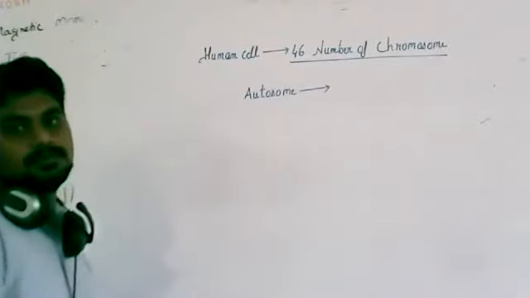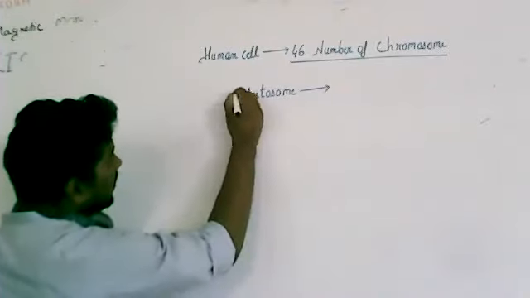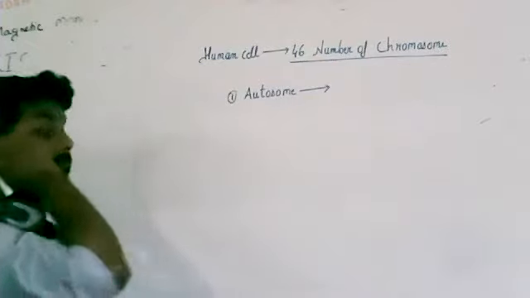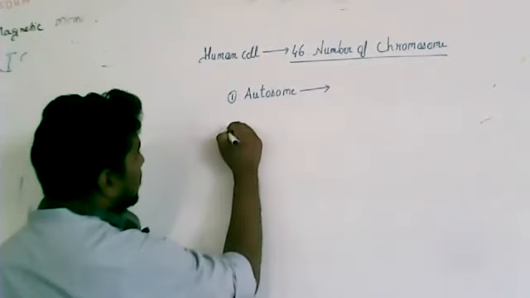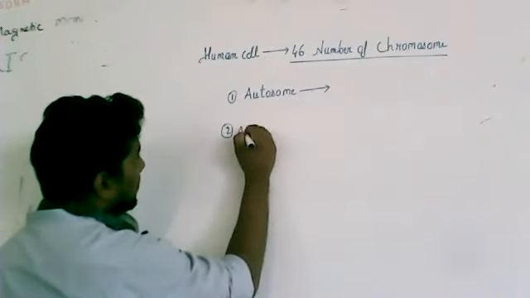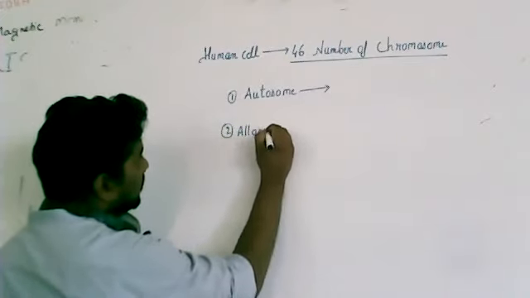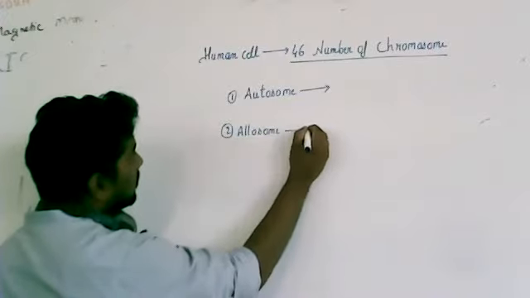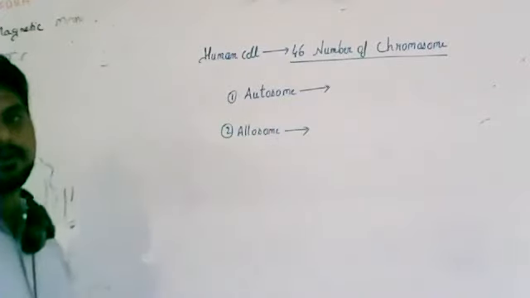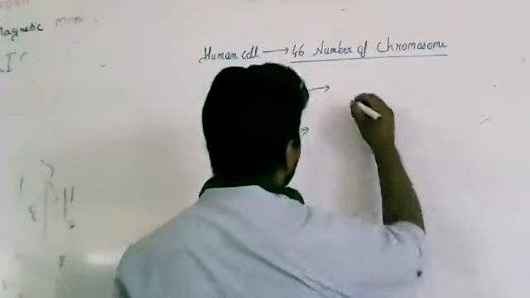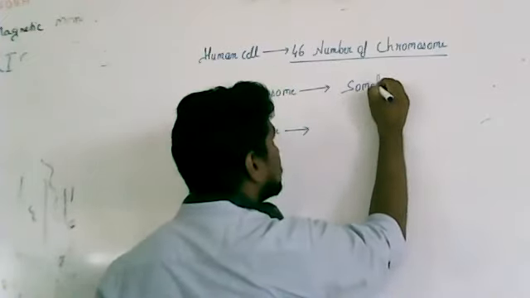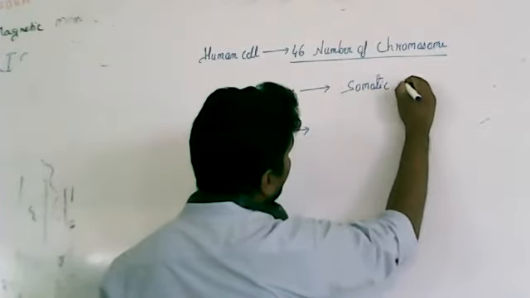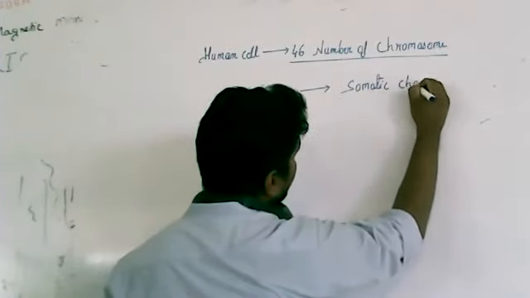Here again, this is based on the type of chromosome. The first one is called autosome and the second one is called allosome. Autosomes decide somatic character.